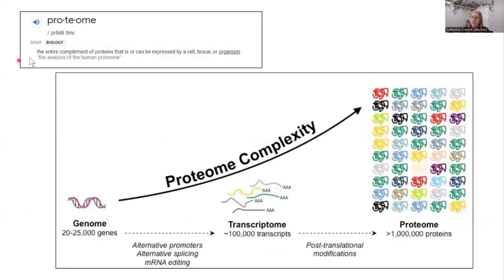And that brings us to a new vocab word, the proteome. In the proteome, you're thinking about the entire complement of proteins that can be expressed by a cell. It works like this. We expect our human genome to have 20 to 25,000 different genes. In theory, each gene codes for one protein. In reality, because we do different types of gene expression control transcriptionally and translationally, each one of those genes actually codes for about 100,000 different types of mRNA.